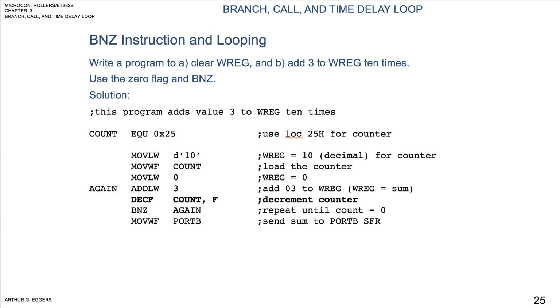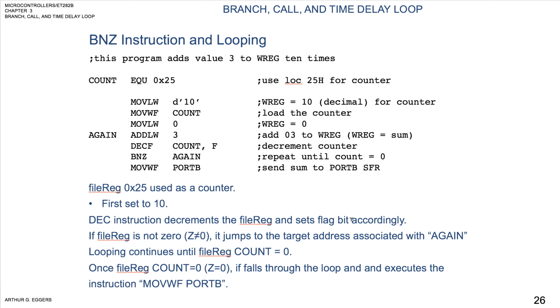So branch if not 0 becomes our next example for understanding assembly language and how we put it to use using flags and the decrement values. Again, here is that same set of instructions and the explanation for that little program.